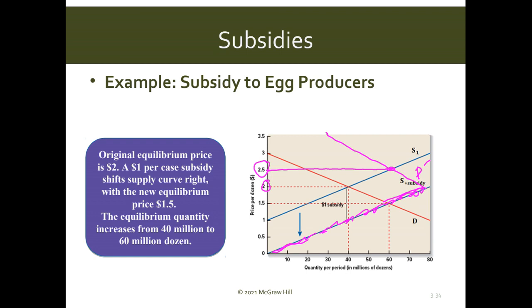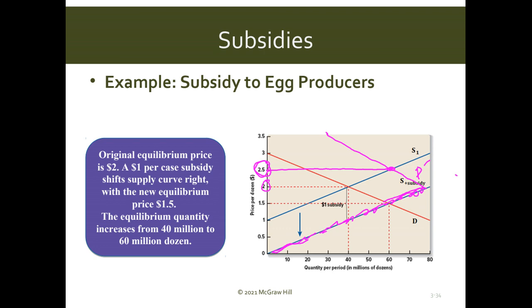What about consumers? Consumers are paying this $2.5 actually, but they are not actually paying $2.5 because they are receiving $1 from the government as well. So technically, they are paying $1.5 from their own pocket. That is, I come down to the original demand curve here.